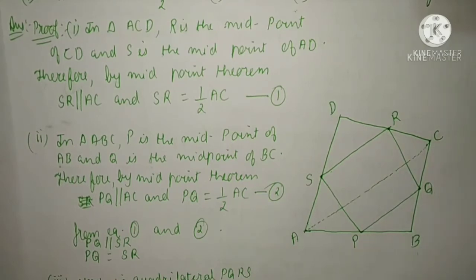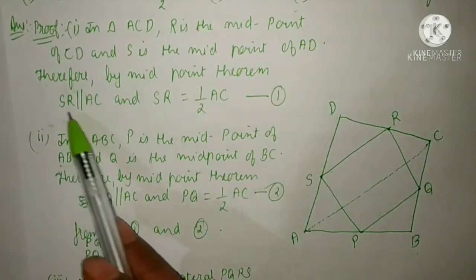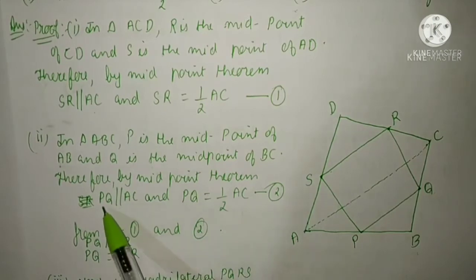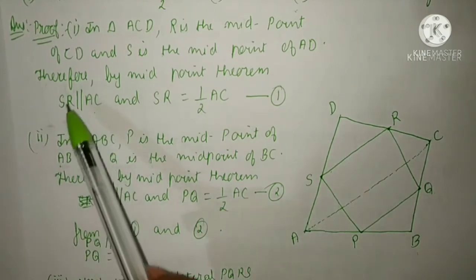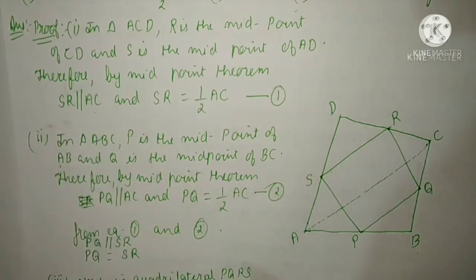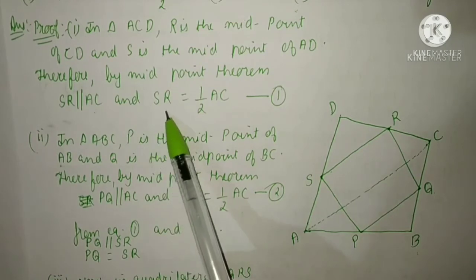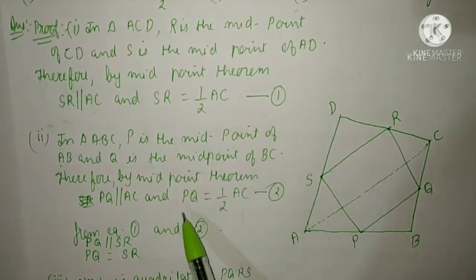Now from equation number 1 and 2 what we can see is SR is parallel to AC and PQ is also parallel to AC. That means both the lines are parallel to same thing, that is AC. So they both will also be parallel. So from equation 1 and 2 we can see that SR is parallel to PQ or PQ is parallel to SR. Okay, and see in first equation SR is equals to half AC, and in second equation PQ is also equals to half AC.